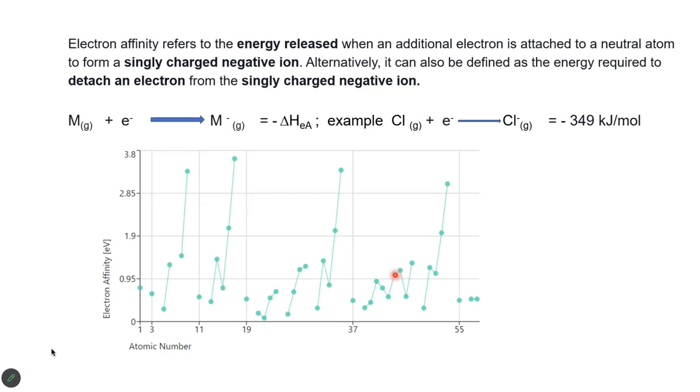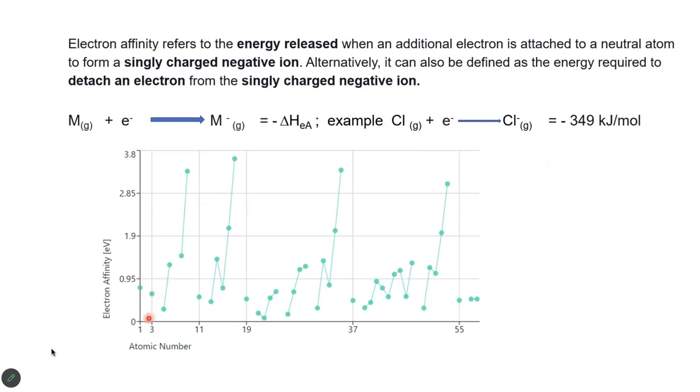Here we are talking about electron affinity, the opposite of it. When a neutral gaseous atom takes up an electron and becomes a singly charged negative ion, the energy involved is called electron affinity. For example, a neutral gaseous chlorine atom takes up an electron and becomes a gaseous chloride ion, and the energy for it is called electron affinity.